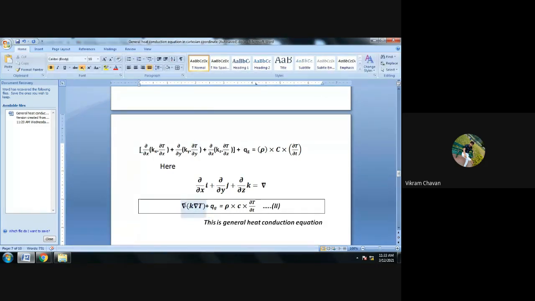We have applied the del operator to this complete term: k multiplied by ∂T/∂x, k multiplied by ∂T/∂y, k multiplied by ∂T/∂z. So here one del operator we have initiated. Now another thing is that the temperature is also changing with respect to the axes inside the bracket.